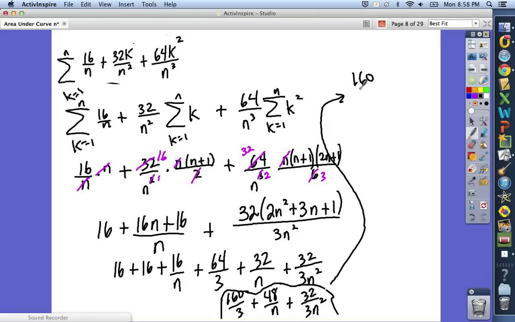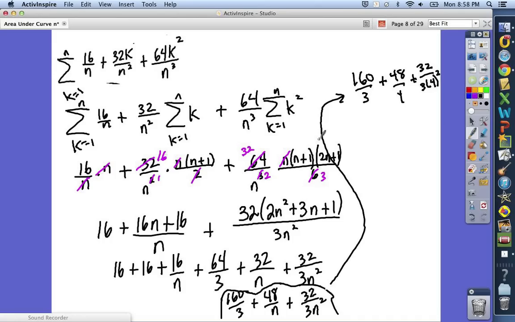I have 160 over 3 plus 48 divided by 4 plus 32 divided by 3 times 4 squared. So that would be the right Riemann sum with 4 rectangles. So if our equation's right, it should work out.